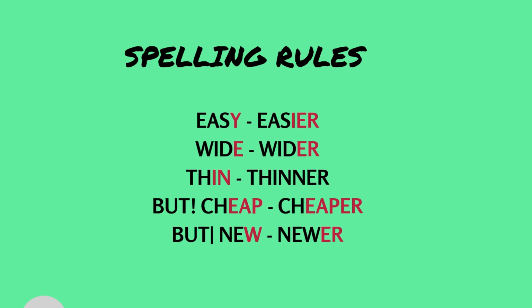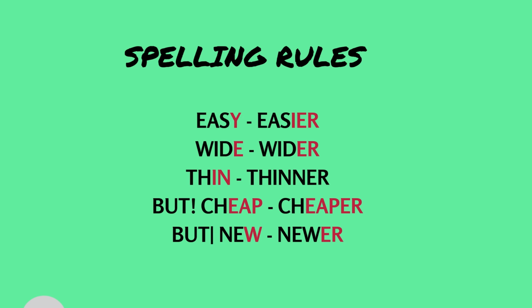Okay, let's have a look at the adjective thin. When the adjective ends in vowel plus consonant, vowel I, consonant N, as in the adjective thin, you need to double this consonant, the last consonant. Thin, thinner.